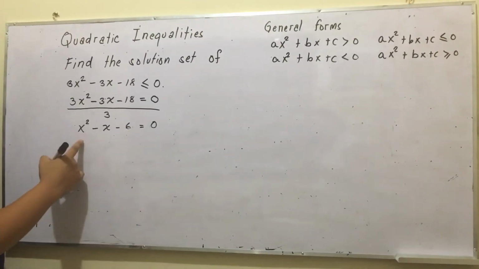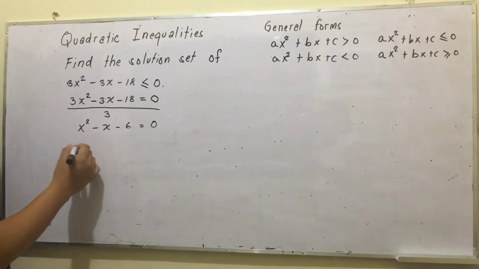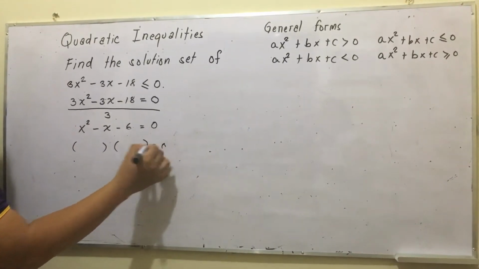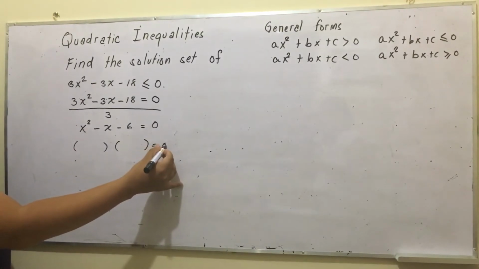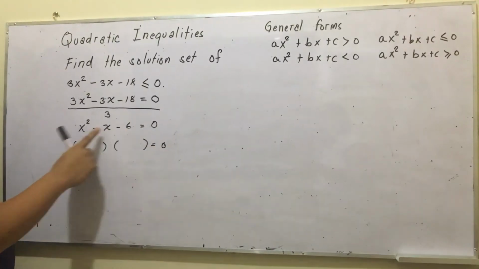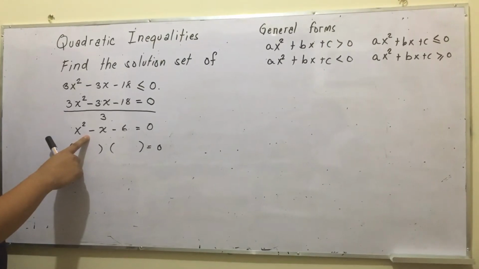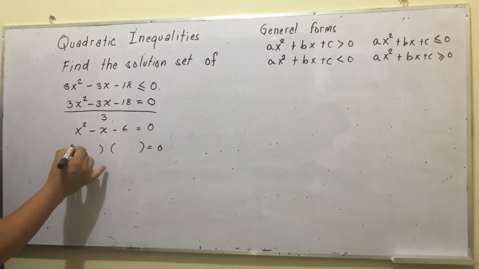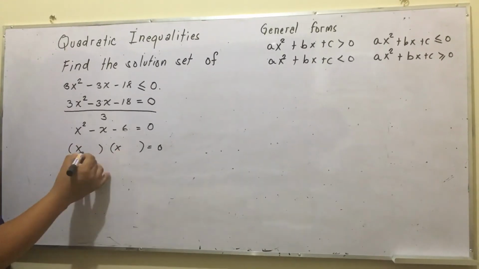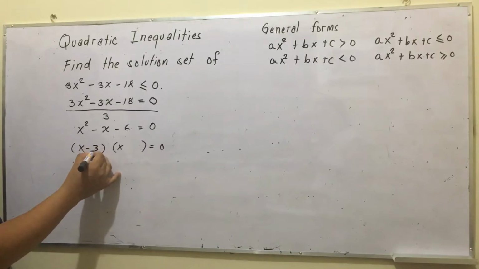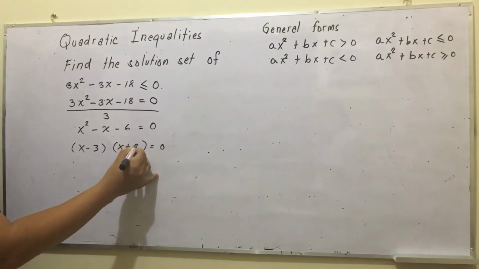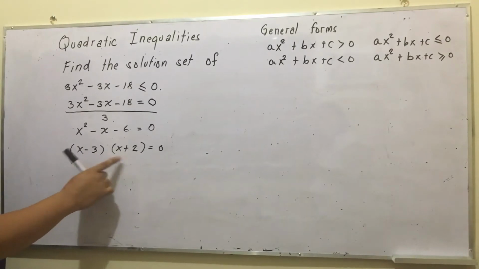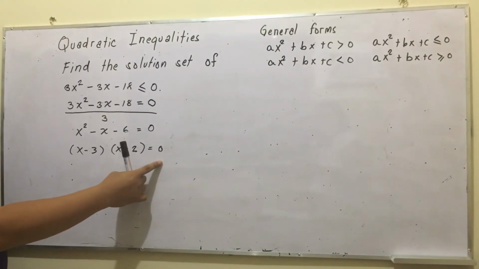Then let's factor x squared minus x minus 6 equal to 0. Factors of 6 that when added give negative 1: 2 and 3. So (x minus 3)(x plus 2). Then equate this to 0.